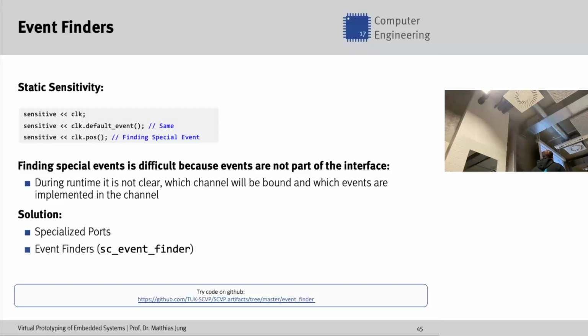And sometimes we want to be only sensitive on the positive edge. And to implement these special events, there is also something there. We have to implement this SC event finder, but yeah, as I said, this is not so important. If you really need that, then just look in this example code and then you will understand what's going on.